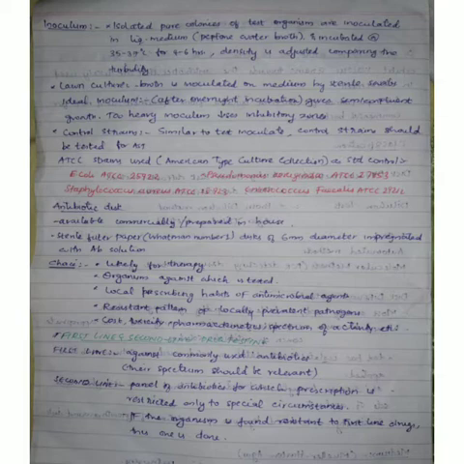It is not possible to test all the drugs for susceptibility. So the panel of drugs to be tested against the isolate depends on certain factors. The antibiotics should be likely to be used for the therapy. Another factor is the organism against which the drug is to be tested, and the local prescribing habits of the antimicrobial agents.